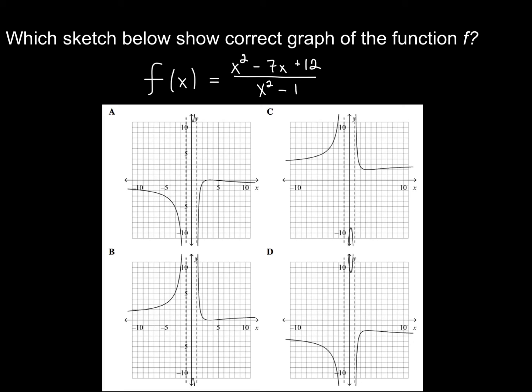Don't be afraid to make a table of values to think about what's happening to your function as it's approaching those vertical asymptotes from the left and from the right. You can't just select which one. What you want to do is find those key characteristics, and then on your paper, mark down those key characteristics for your graph, and that way you can pick A, B, C, or D.